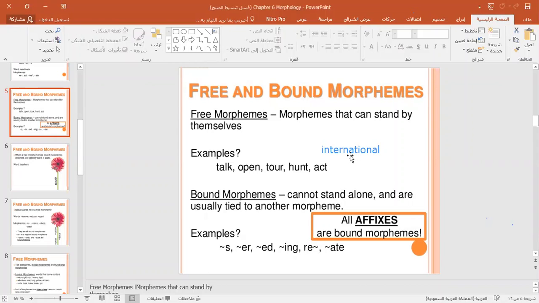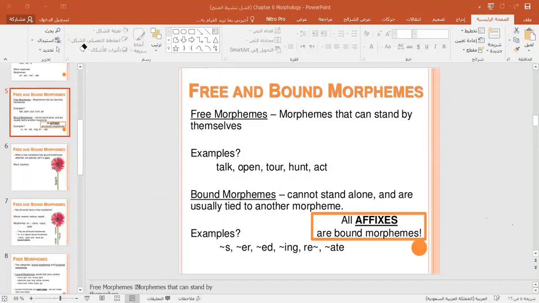So the free morpheme here is only nation, not national. And al is a suffix, also a bound morpheme. So how many bound morphemes do we have here? We have two bound morphemes: al, which is a suffix, and inter, which is a prefix. So the free morpheme here is nation.